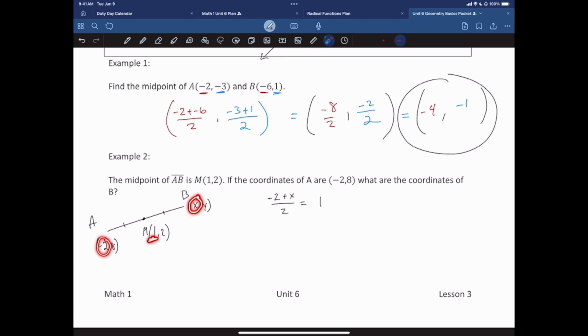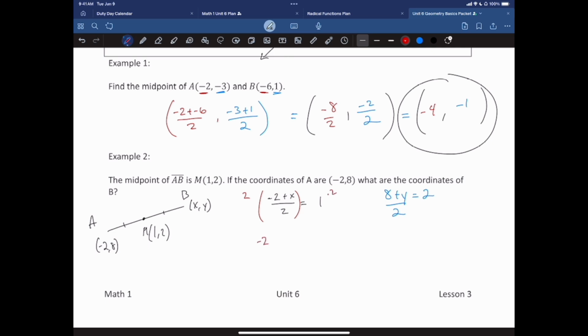We're going to do the same thing with our y now. So I'm going to take 8 plus y, divided by 2, equals 2. We're going to solve for both of these, right? Okay, just solve for x and y now. Okay, so we want to multiply both sides by 2.